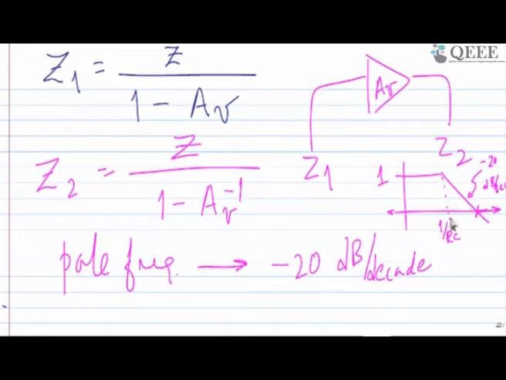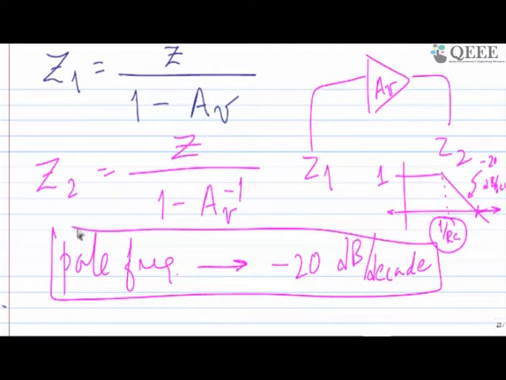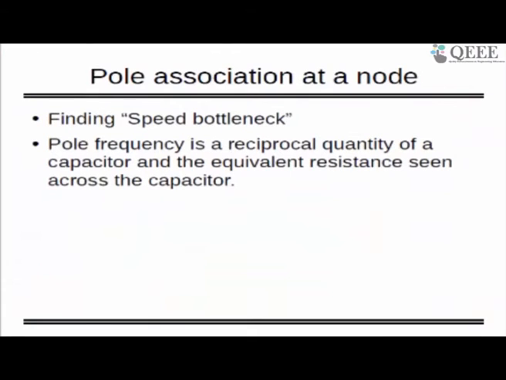So this is creating a problem, or you can say the capacitor is creating a problem. 1 by RC is the point after which your gain is not equal to 1, and it's getting attenuated, which is not desirable, first of all, right? So pole frequency is the one which limits your bandwidth, and your gain will not be the one which you want. And the pole frequency is the reciprocal of the capacitor and the equivalent resistance seen across the capacitor.